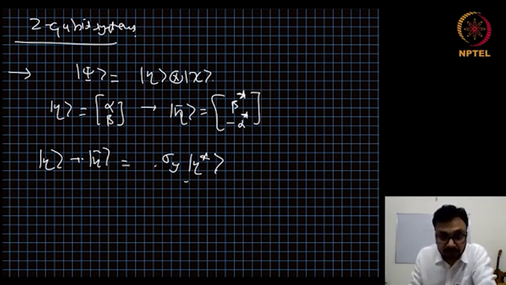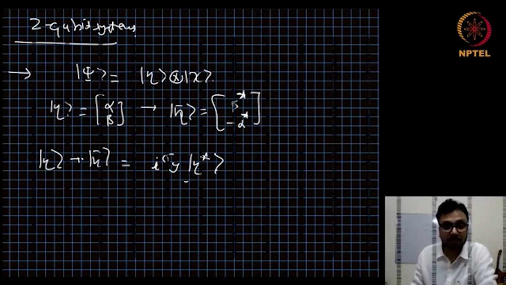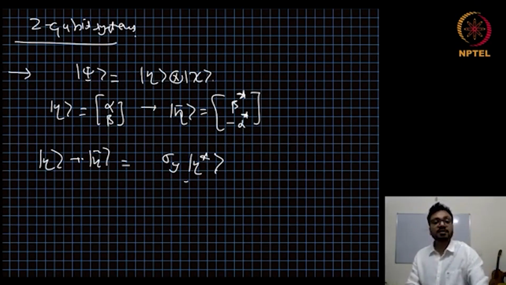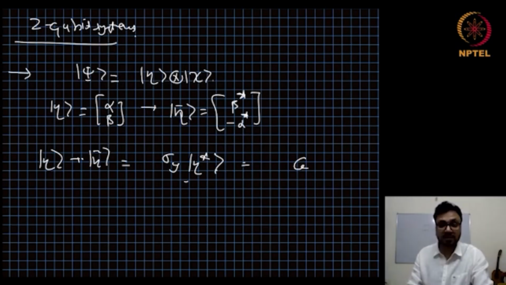I think it will be i times, but this is an overall phase, so it doesn't matter. So up to overall phase, eta bar is the same as sigma y eta star. So we can say the complex conjugate operation C followed by sigma y will give you a spin flip.